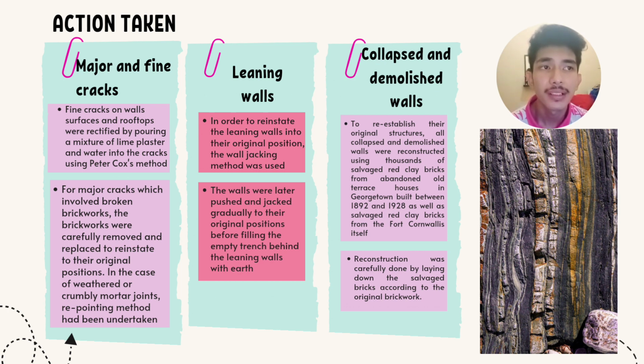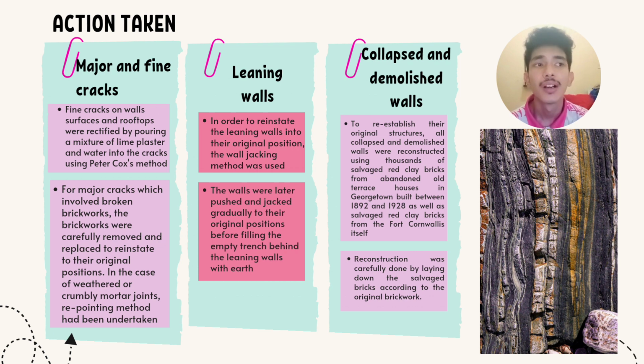Upon placing the mixture into the bottle, the rubber tube would be inserted into any fine cracks to allow the mixture to flow and fill up any capillaries or fine holes in the wall structure or rooftop, mainly at the Christian chapel.